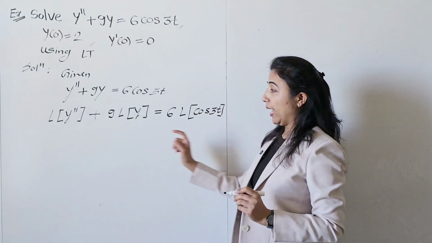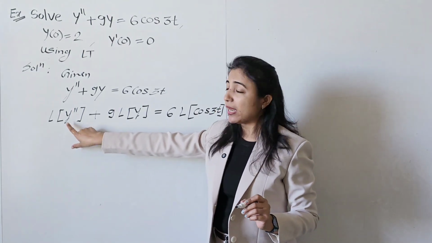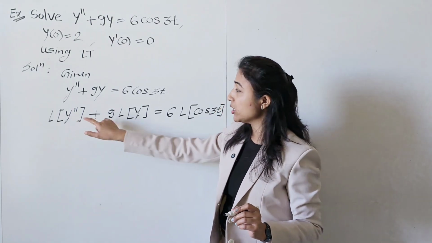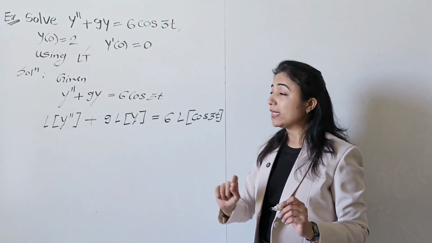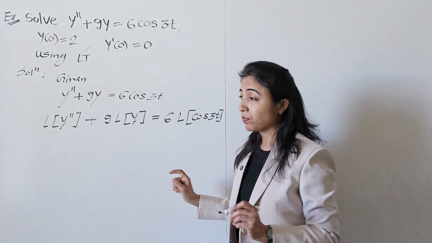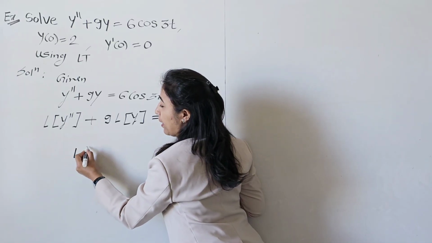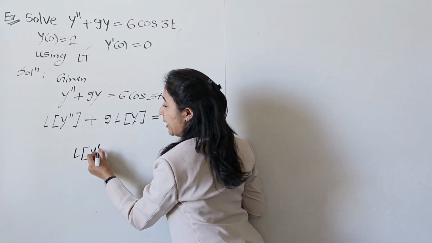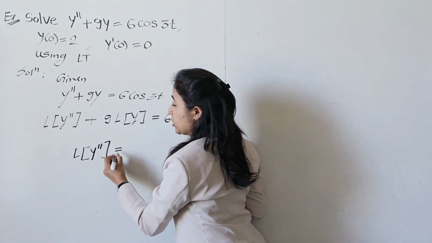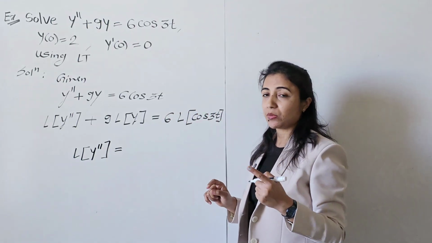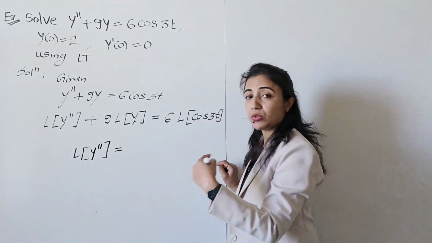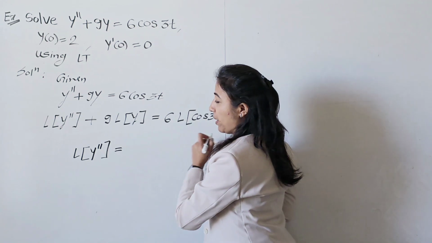Now here either you can directly write down the Laplace transformation of y double dash, or you can find the Laplace term wise separately. Here this is a y double dash. So what is the formula for finding the Laplace transformation of y double dash? For a double dash, start with the formula s square; for a triple dash, you start with s cube and reduce the power of s.